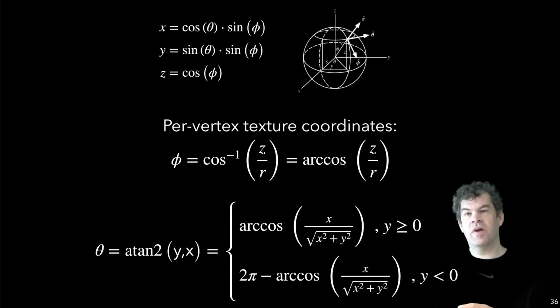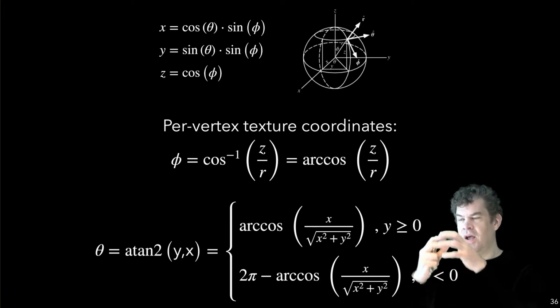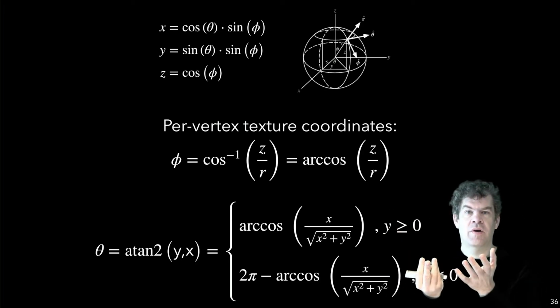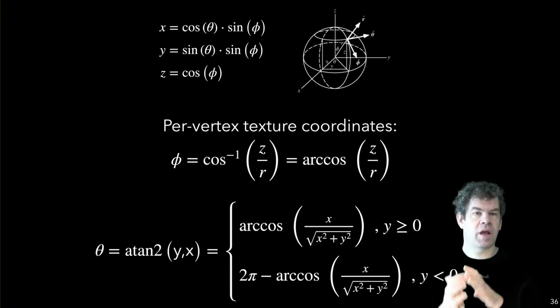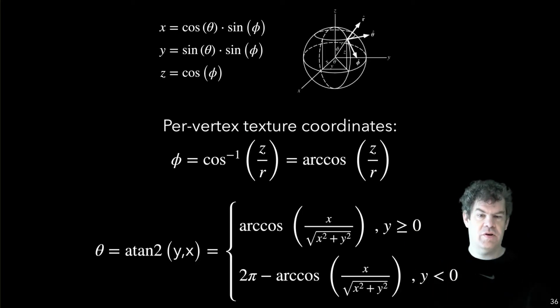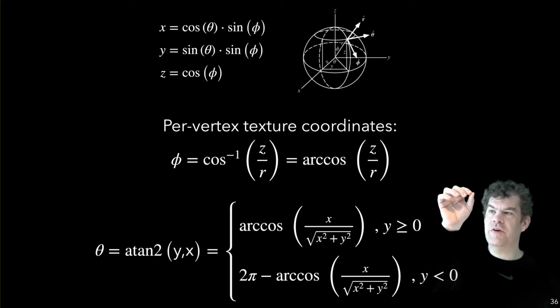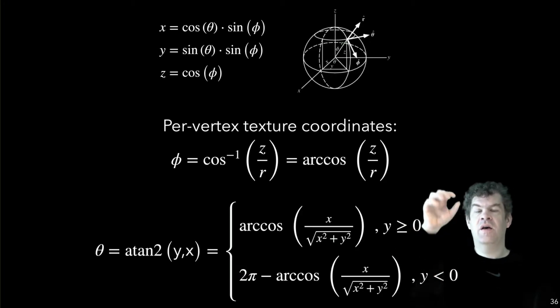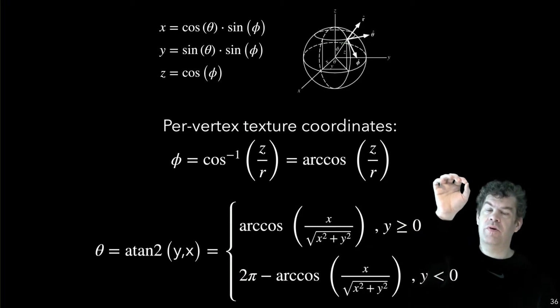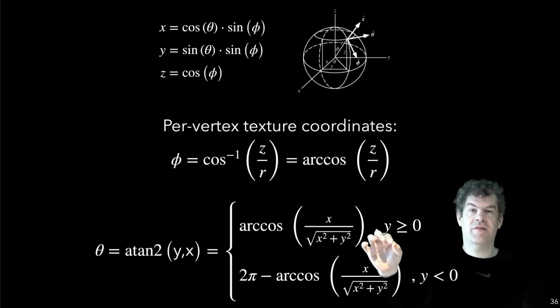So what you do is you take your object and then you put your proxy object, say a sphere, where you have a clue how to set up texture coordinates around your original object. Okay. And then you figure out, okay, what point on the sphere should I map onto the surface? And then you check, okay, that point on a sphere, what texture coordinates does it have? And that's what I assign to the surface.